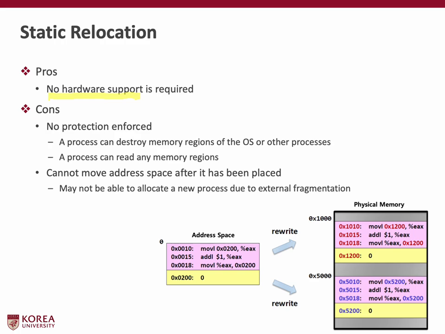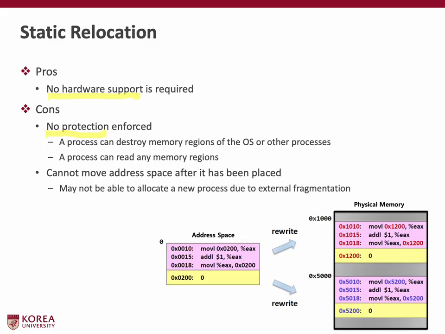However, there are also some big drawbacks. First, there is no protection between processes. That means one process can accidentally overwrite the memory space of the OS or other processes, or even read their data.